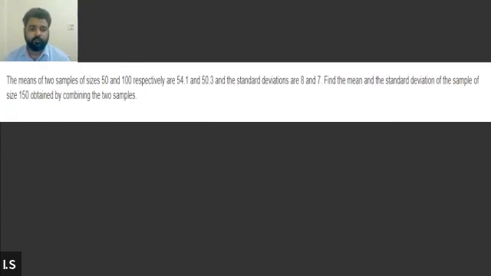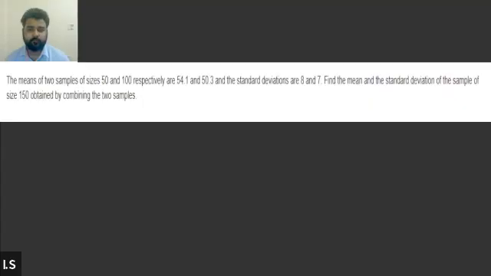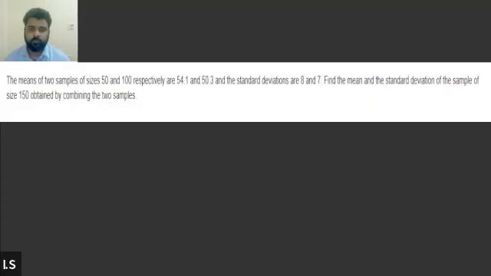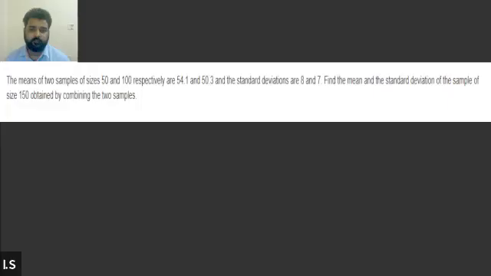In place of n1 you have put 50, multiplied with the square of the standard deviation. And what is the square of the standard deviation? 64. And then the value of n2 is 100, multiplying it with 49, right?